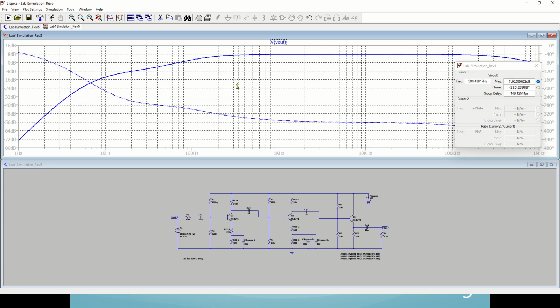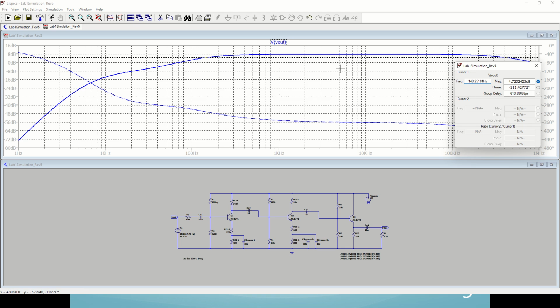So take this to the left till you get to 4.725-ish. And my frequency is above 100. And in the lab manual, it says that we need to have a frequency response of 100 hertz or less.